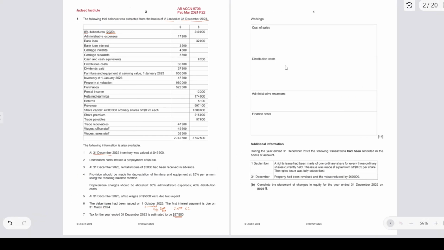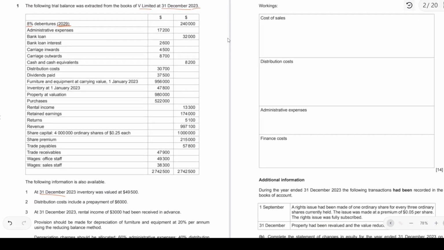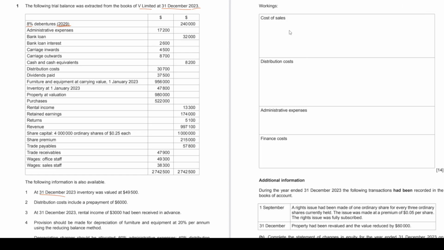Let's go back here. We have a section for cost of sales for which we need some elements, isn't it? We have opening inventory. Opening inventory is 47,800.